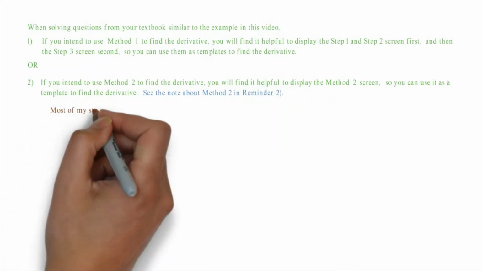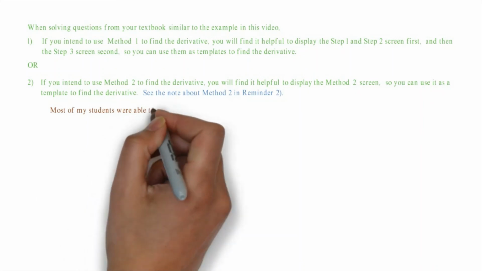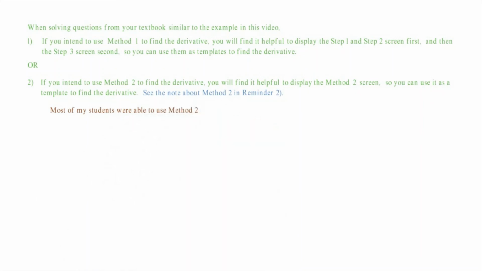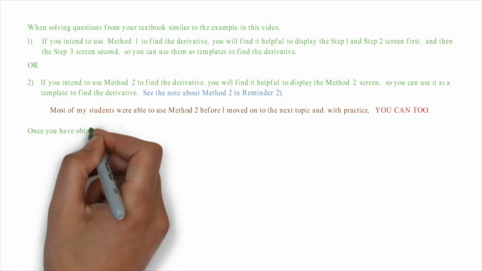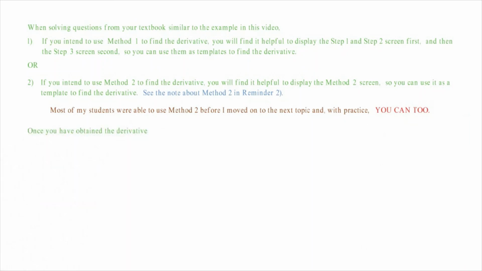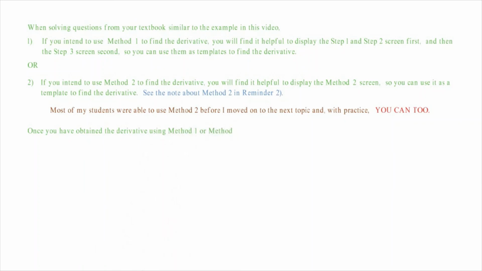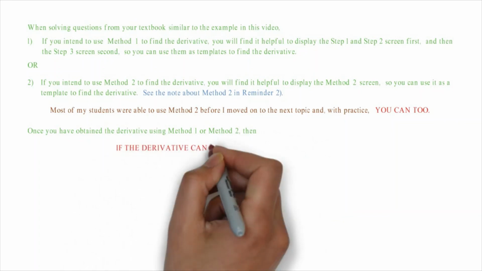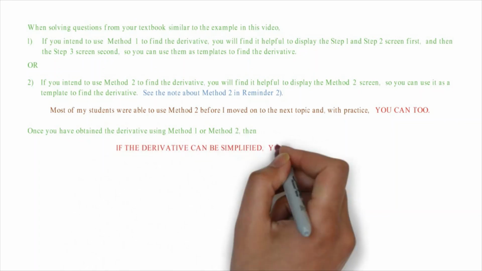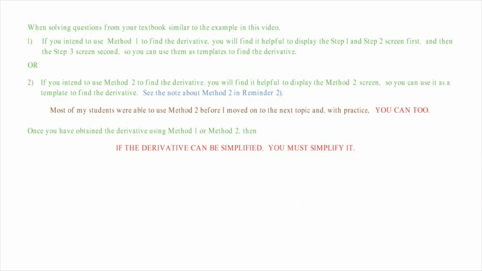Most of my students were able to use method 2 before I moved on to the next topic, and with practice you can too. Once you have obtained the derivative using method 1 or method 2, then if the derivative can be simplified, you must simplify it.